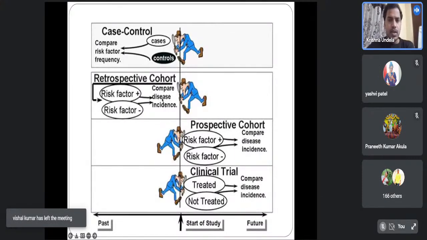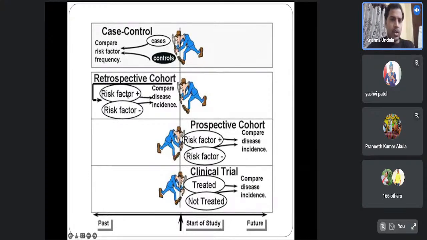The only difference here is, in a prospective cohort study, when we started the study, we had information only on the risk factor. About the outcome, we get the information in the future after follow-up. But in a retrospective cohort study, both the risk factor and outcome have already happened. We are starting in 2022, right?